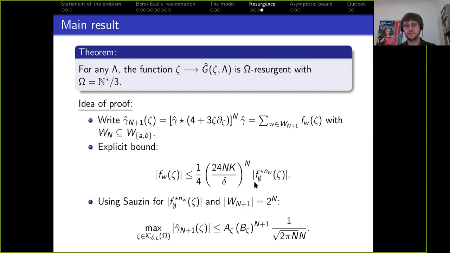And then you can use Sauzin's result to bound the convolution power of these initial functions. So this is a painful analysis, but when you put everything together, you find this type of bound for gamma n, and you eventually find out that the 2-point function is resurgent, as you were trying to prove. Really hard. Okay, so that's really good.